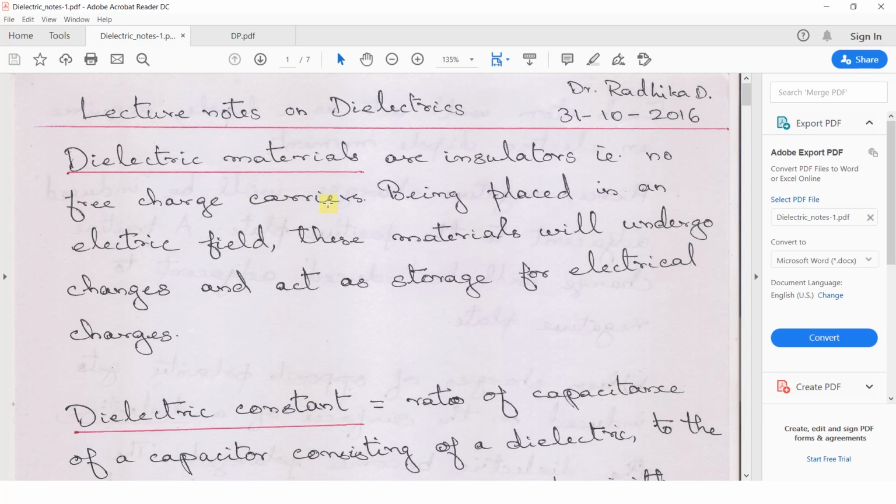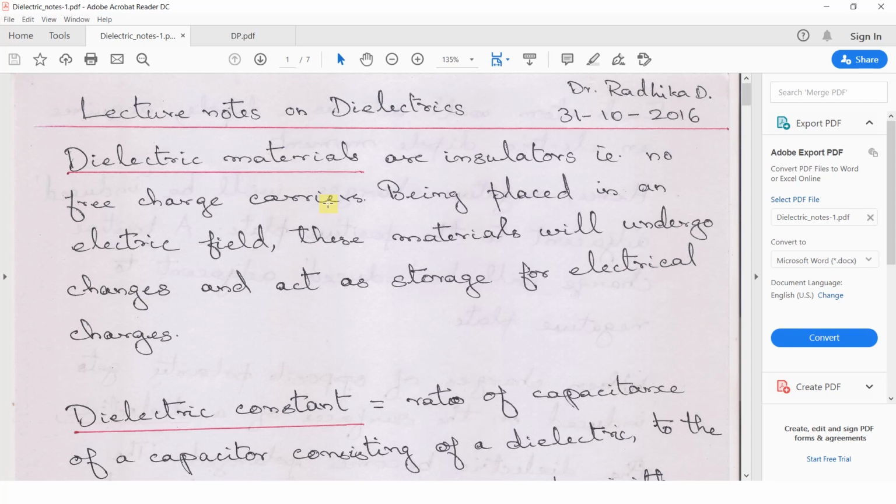That means they cannot become free charge carriers. If that is the case, what is the use of an insulator or a dielectric? Being an insulator, what purpose is it going to serve?